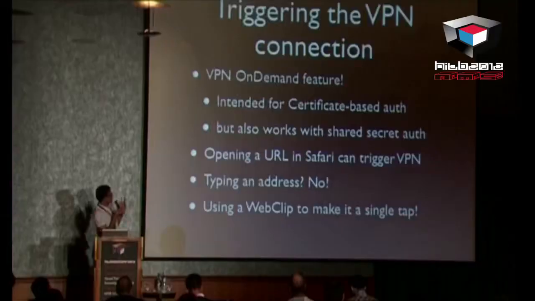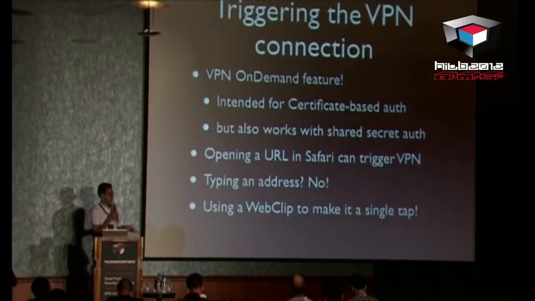But since we just write the configuration using the mobile backup 2 protocol, we can set these parts of the configuration to allow shared secret authentication and at the same time use the on-demand feature. So this is really cool because we now have a way to let the magic happen automatically.